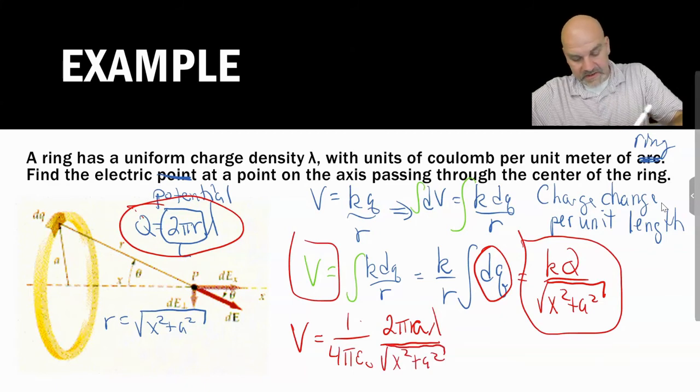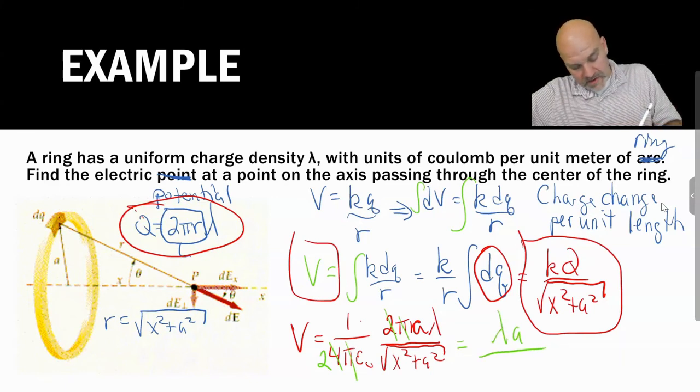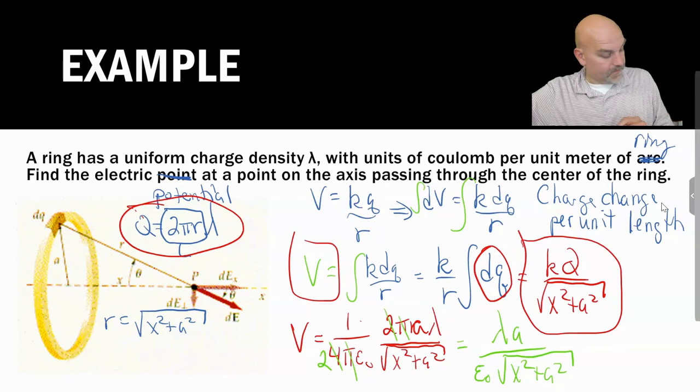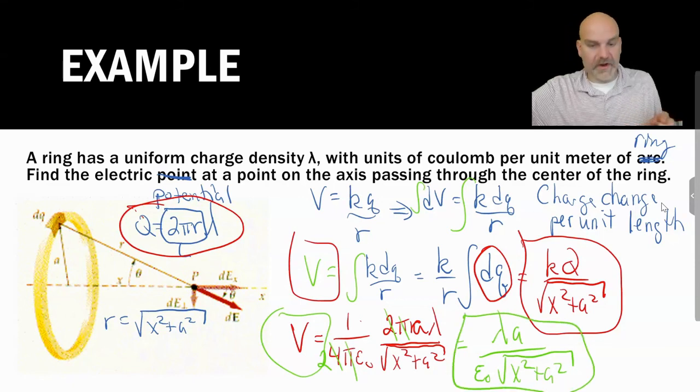And we can do some canceling again, just like we did in the previous video. The 2 over 4 becomes 1/2, pi cancels, and so we end up with lambda a over 2 epsilon naught root x squared plus a squared. So your two answers are what's boxed there in red and then what's boxed here in green.